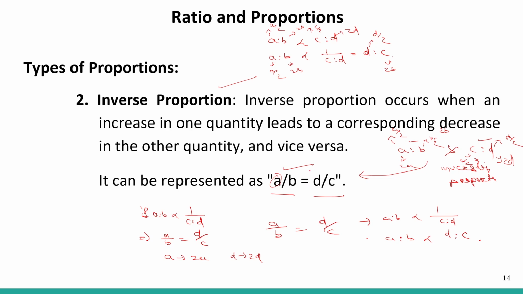But in inverse proportion, if A is to B is inversely proportional to C is to D and A increases by 2x, then D changes inversely. The first quantity gets influenced by the second quantity of the next ratio, and the second quantity of the first ratio gets influenced by the first quantity of the second ratio.